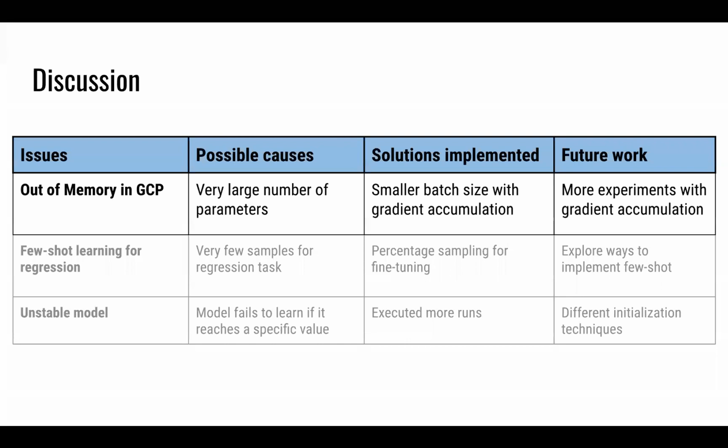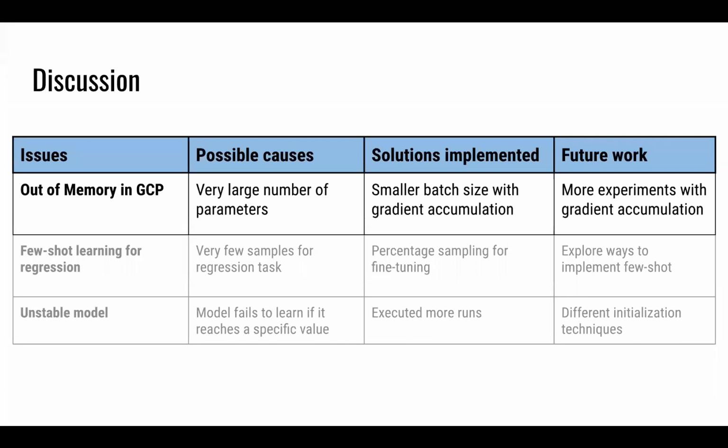While we executed these experiments, we came across a number of issues which we resolved for the time being. The first issue that we came across while we began training our model was running out of memory on a Google Cloud virtual machine instance. This is largely because training batch size has a huge impact on the required GPU memory when we train a neural network, because a large number of parameters are stored and used in the backward pass to update the model.